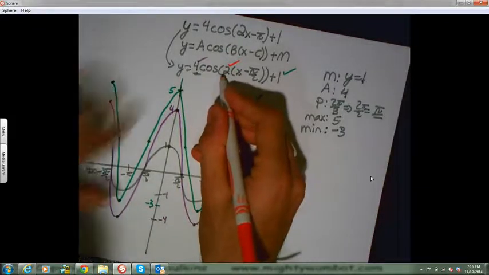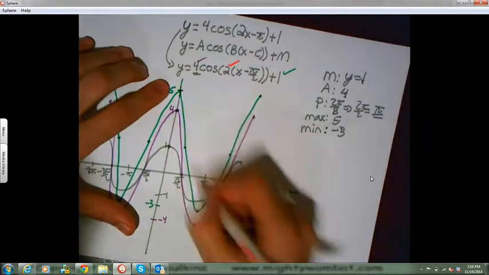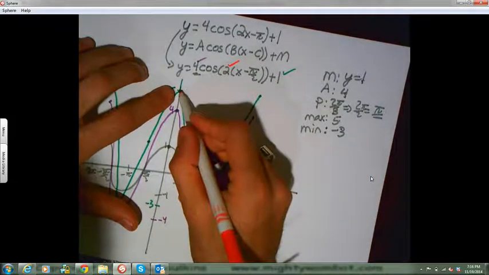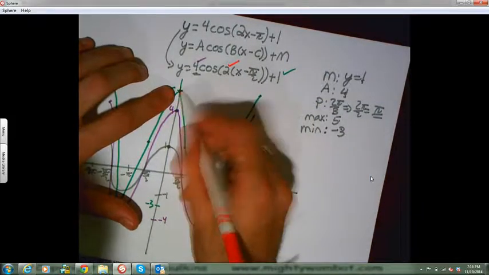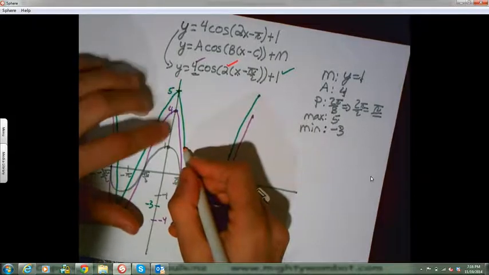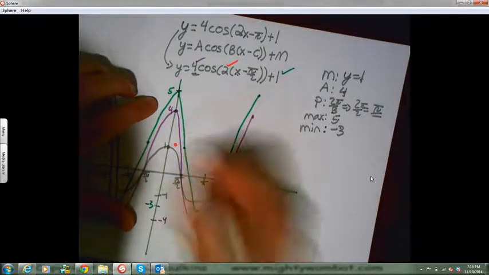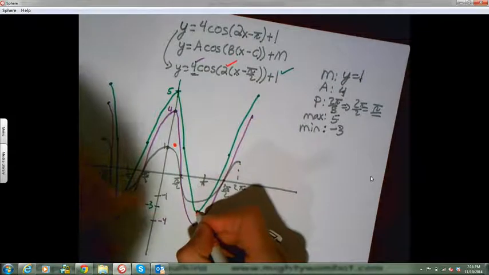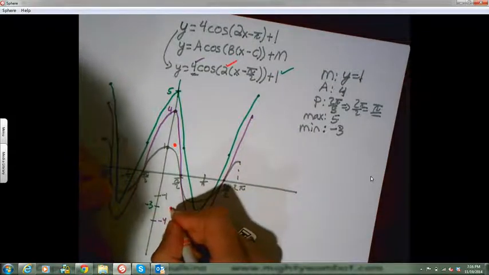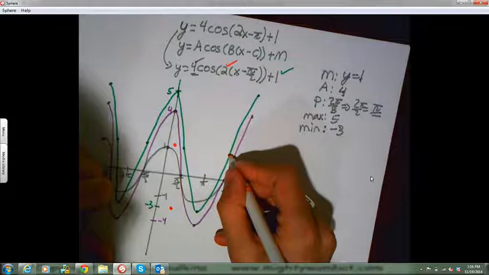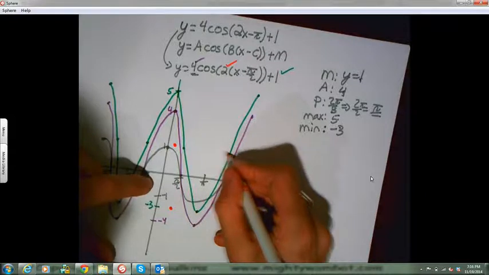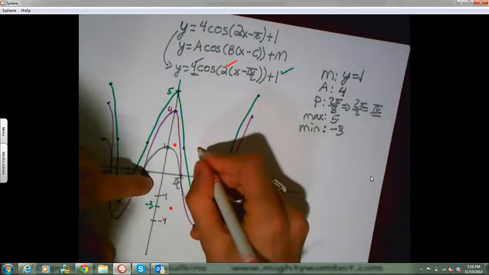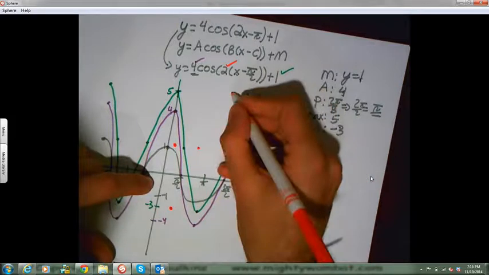Again, if you want to only do the positive side, that's fine. 0 divided by 2 is 0. Pi over 2 divided by 2 is pi over 4. Pi divided by 2 is pi over 2. 3 pi over 2 divided by 2 is 3 pi over 4. 2 pi divided by 2 is pi. And let me show some of that over here.